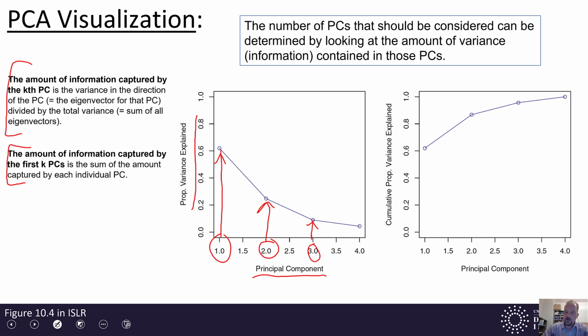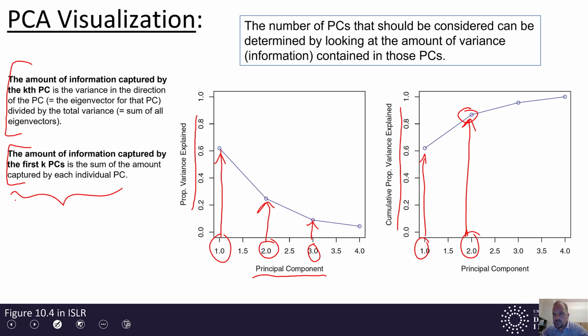What we often look at is the cumulative proportion of the variance explained, or the amount of information contained in the first K principal components. So one principal component by itself captures 60% of the information. 2 principal components will capture maybe 95% of the information. For this example, the USA arrests, we see 95% of the information, or 90%, and that scatter plot shows us most of the variance that exists in that data.